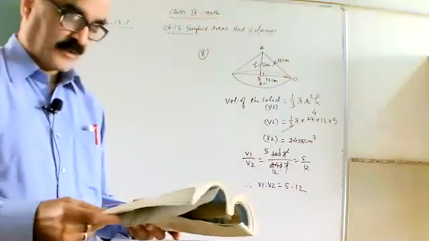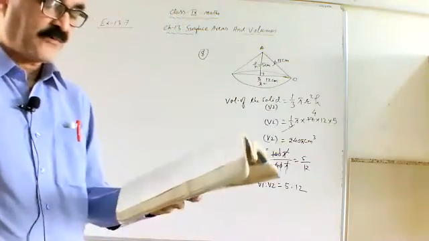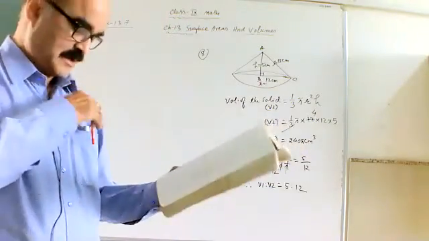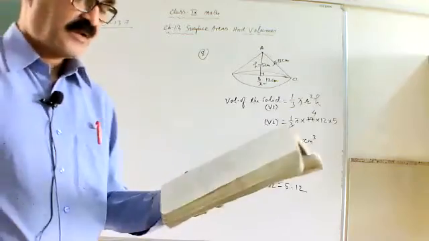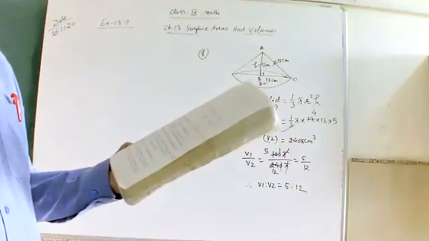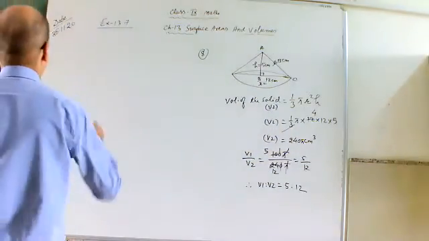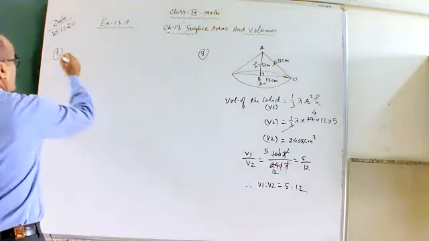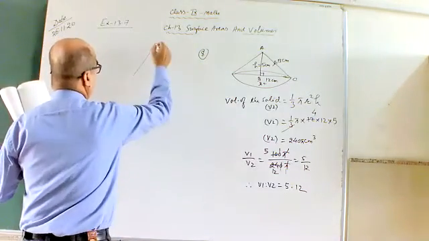Now, the next one is question number 9. A heap of wheat is in the form of a cone of diameter 10.5 centimeter. So question number 9. A heap of wheat in the form of cone.